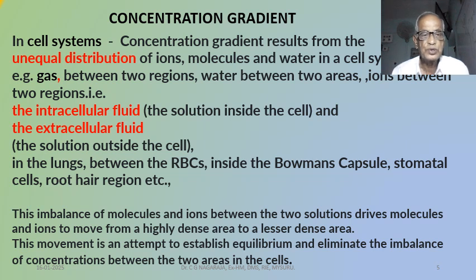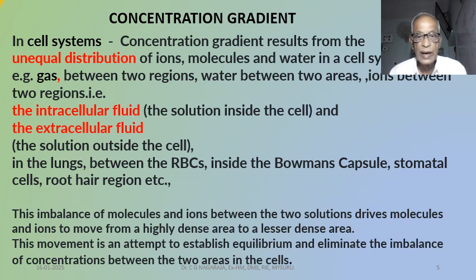Now let us try to understand the term concentration gradient. In cell systems, concentration gradient results from the unequal distribution of ions, molecules, and water in any cell system.